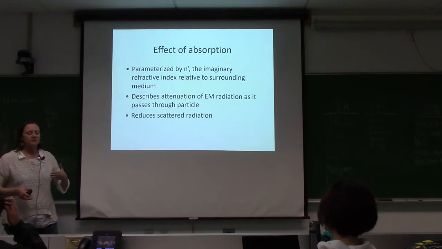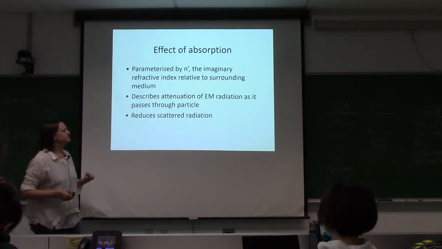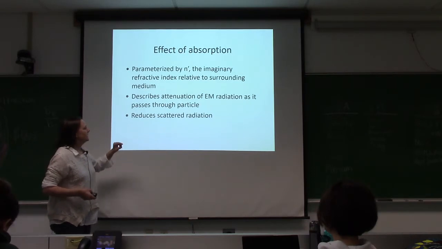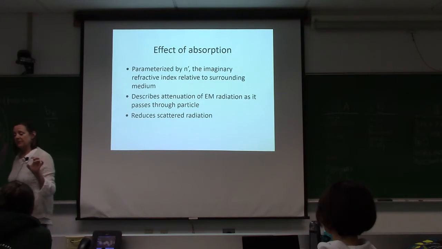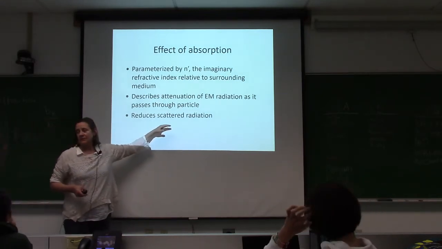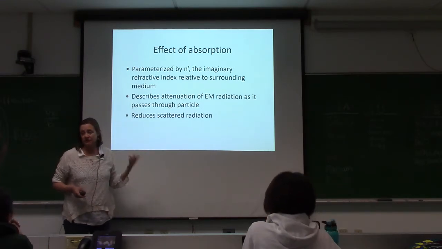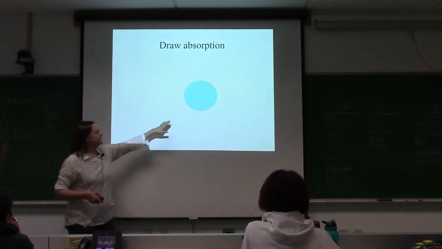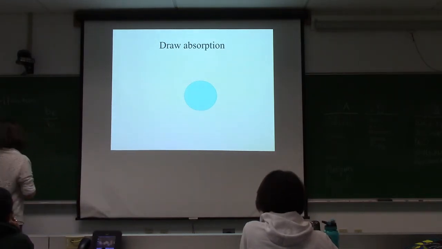That describes the attenuation of light entering the particle. If light enters a particle that has absorption properties, it reduces the probability of scattering, because once you have absorption, it's gone, right? So if we take this particle and we draw the absorption, I remember you did that yesterday. So, oops.